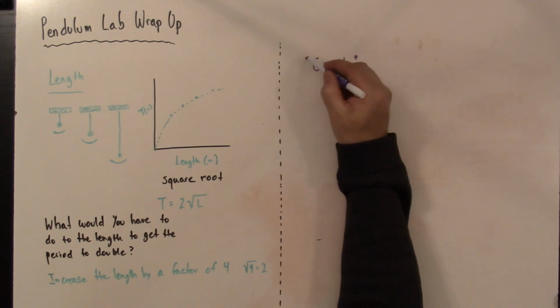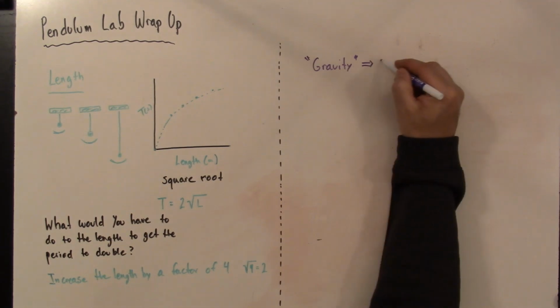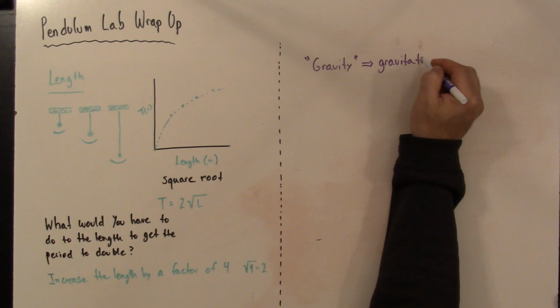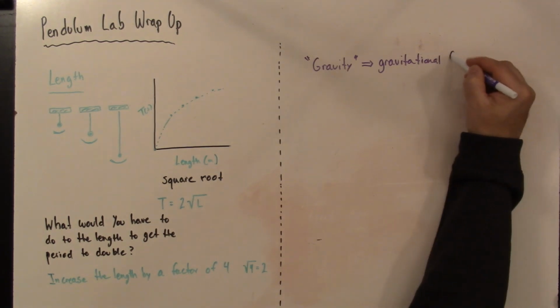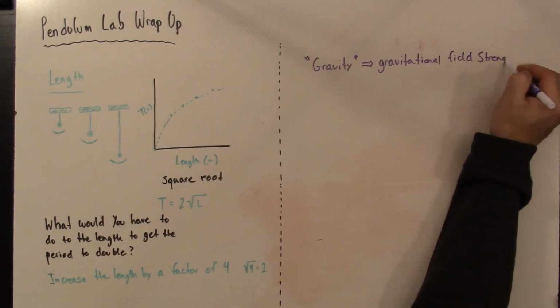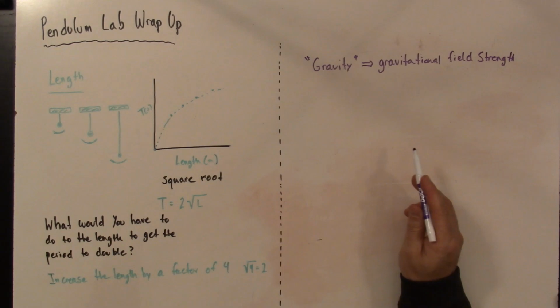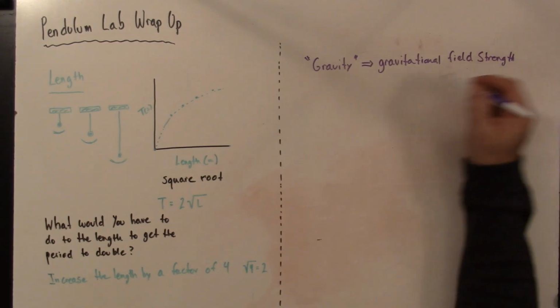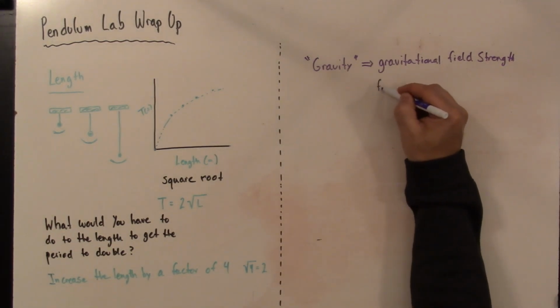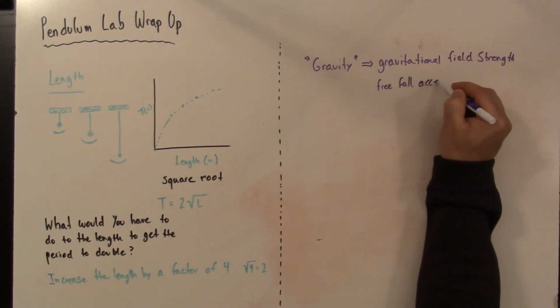Now, what they're actually talking about here is the gravitational field strength. Unfortunately, they're equating it erroneously with the free fall acceleration.